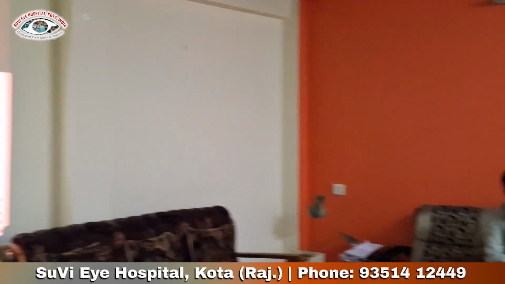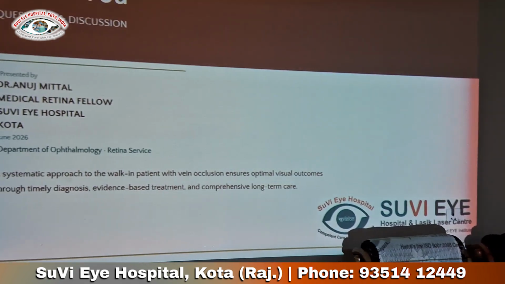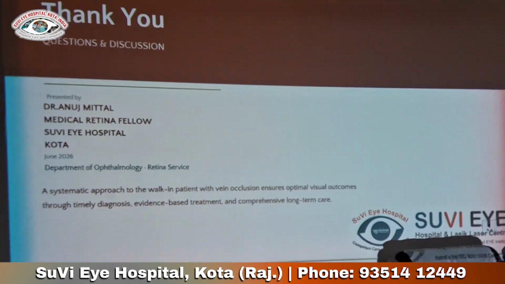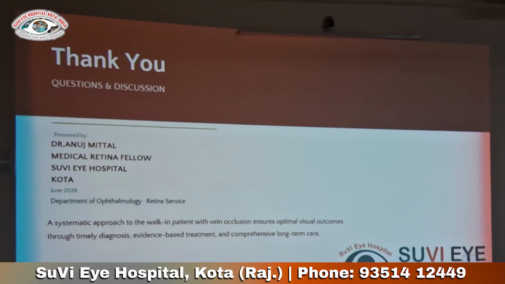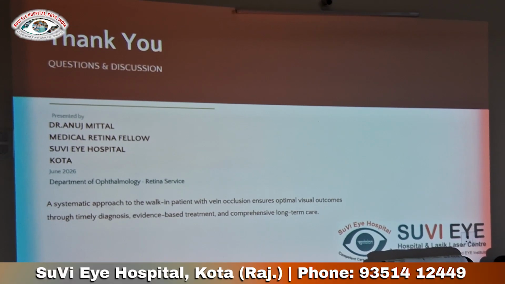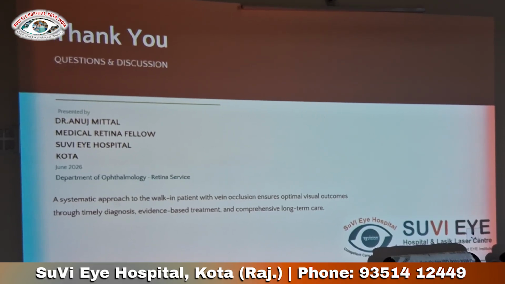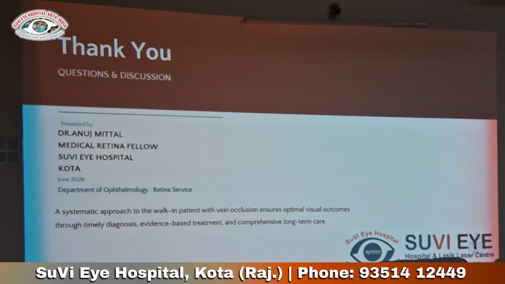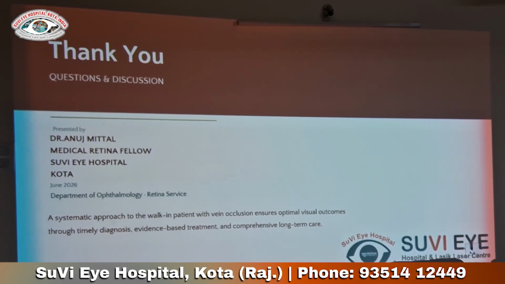First we need to do the retina management, and the PRP to the extent possible, because in neovascular glaucoma patients pupil dilatation is very less. So we have to give anti-VEGF and PRP to the extent possible.